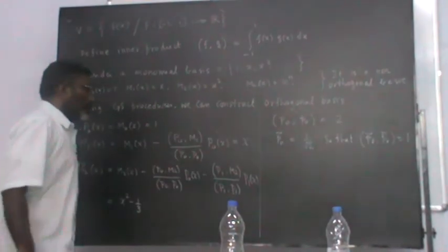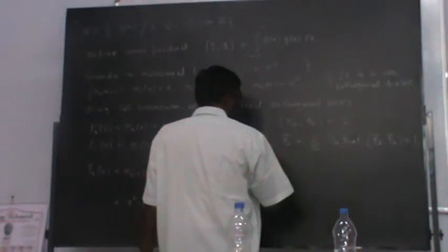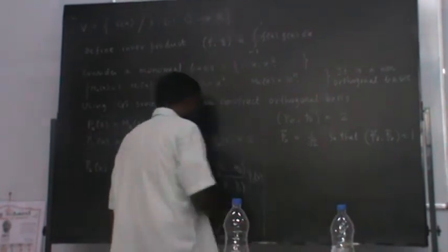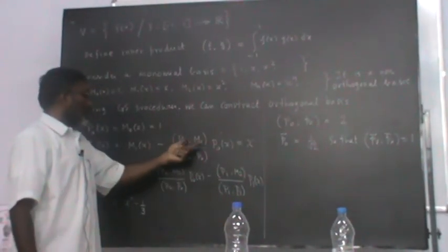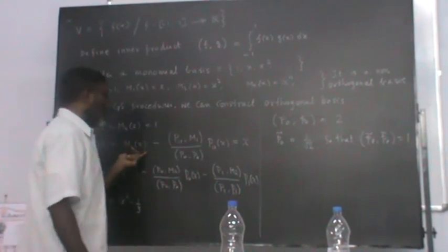Similarly, if I use the normalized thing here, this becomes 1. This anyway is 0, so I have no problem.